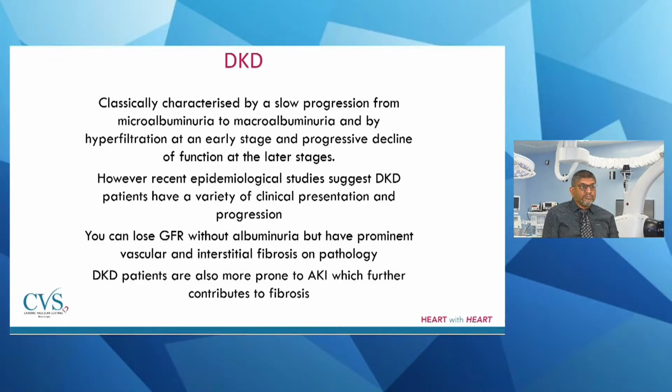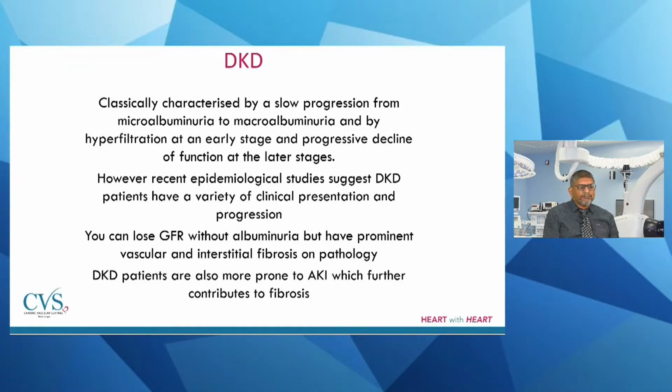We always assumed it was initiated by microalbuminuria, which is small amounts of protein leaking, going on to macroalbuminuria, overt proteinuria, because of hyperfiltration at an early stage. And then subsequently, we were taught that the serum creatinine goes up, and only then do you get the decline in function at a much later stage.